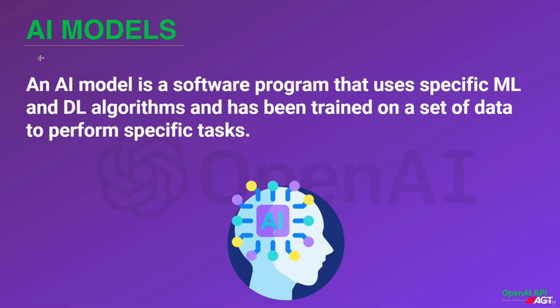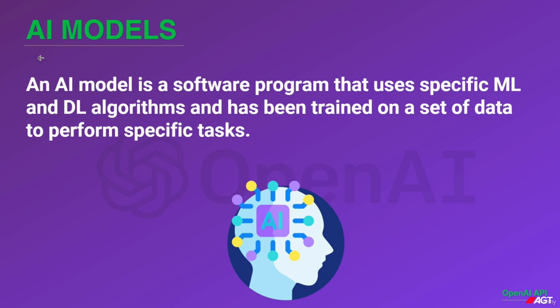I've used the word model many times, but what is an AI model? Generally, an AI model is a software program that uses specific algorithms and has been trained on a set of data to perform specific tasks like completing text, generating images, or recognizing certain patterns.